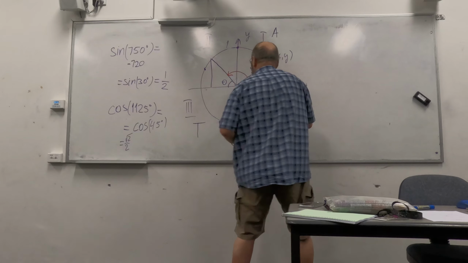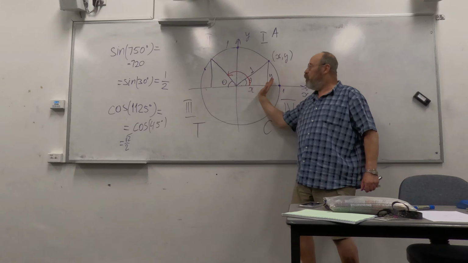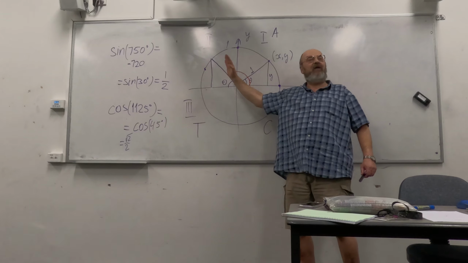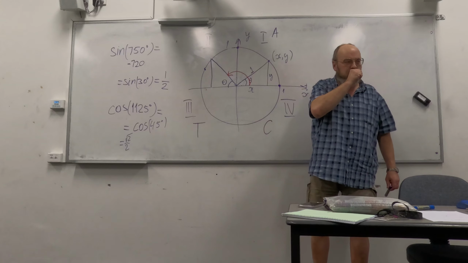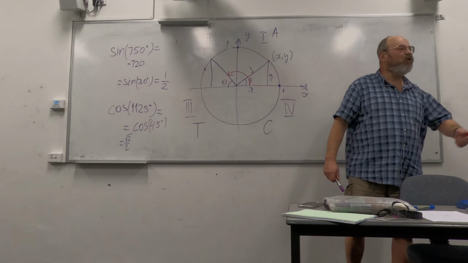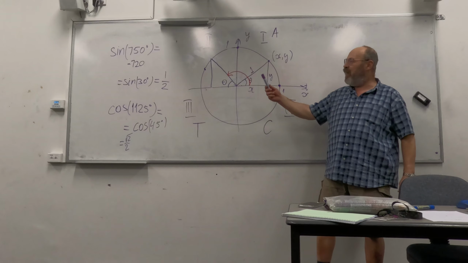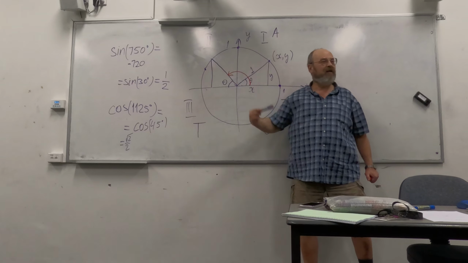Does everyone understand that this angle is 180 minus theta? We go 180 and theta backwards. What can you say about the y coordinate of this point and this point?